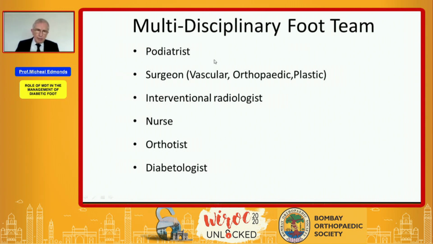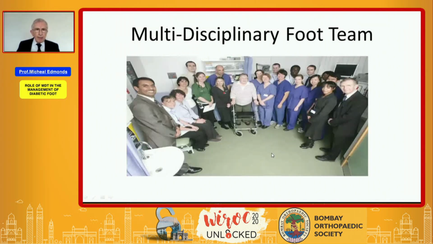And it comprises podiatrist, surgeon, including vascular, orthopedic, and plastic, interventional radiologist, nurse, orthotist, and diabetologist. And this is a picture of the King's team with support and administrative staff, and pictures including people who are going to speak at this seminar, Maureen, Christian, Nina, and Professor Kapathapu.